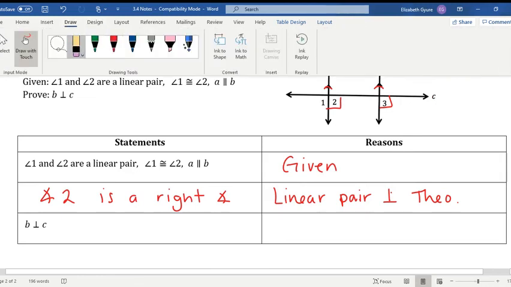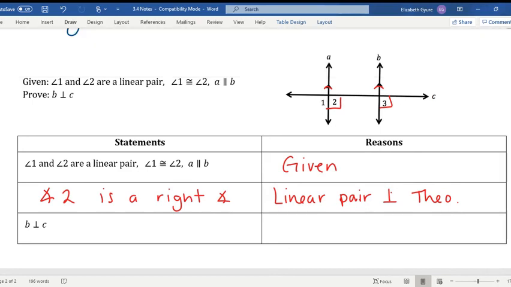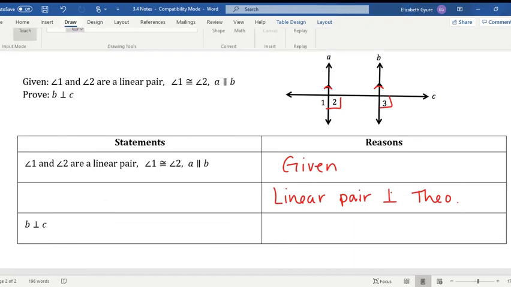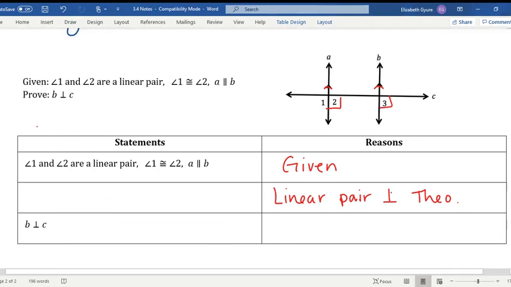There's more than one good way to do this. So I just went a different way and I didn't want to go that way. The linear pair perpendicular theorem lets us say if we have that linear pair and they're congruent, then we can say line A is perpendicular to line C. Does that make sense now?